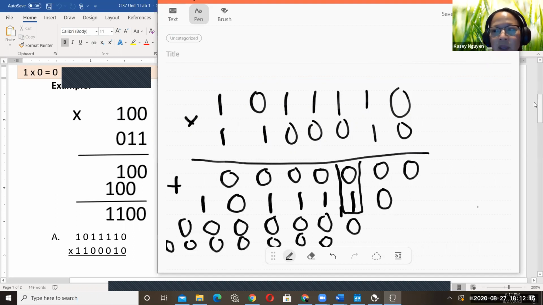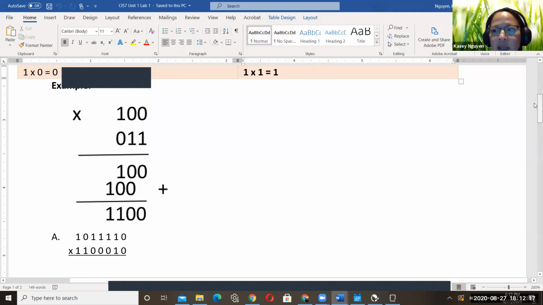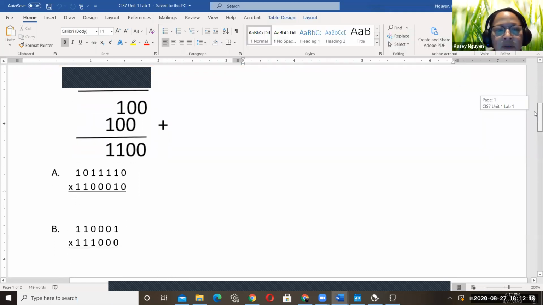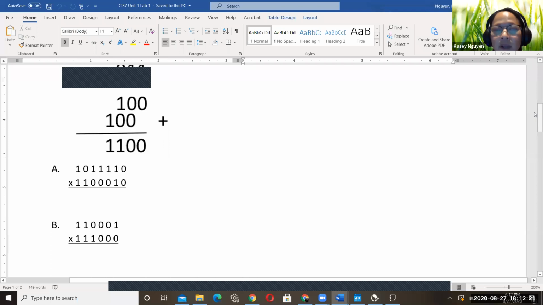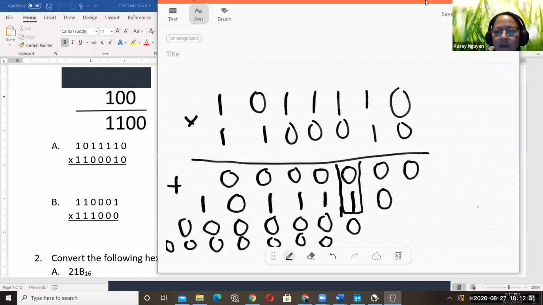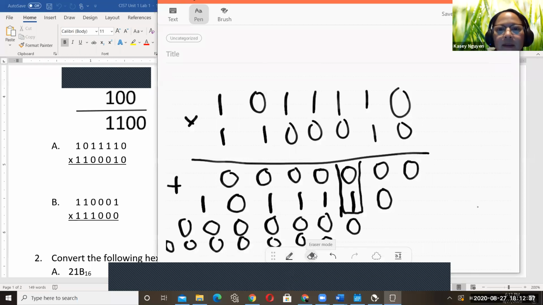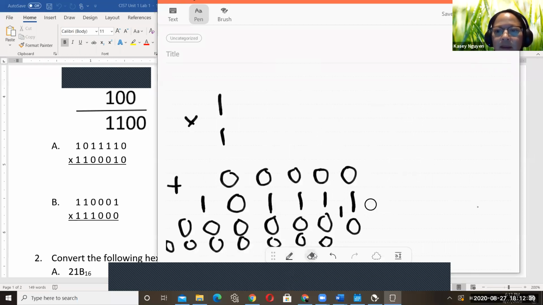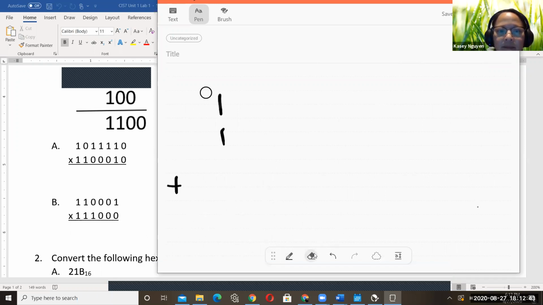I want you to know how to do this because on our quiz and our test, you need to know how to do manual calculation for arithmetic with binary. And then I'll start B. Let me see if I can write it smaller, and be able to walk you through most of the steps there.